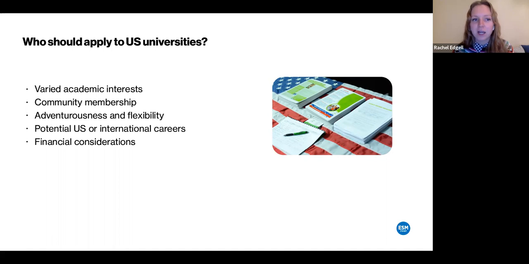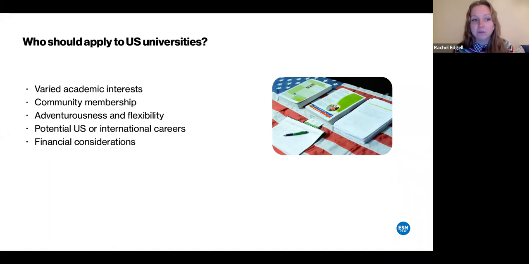And then finally, I won't go into a lot of detail on this because it is a very, very individualized consideration, but finances are a big thing to think about. I think before you make the application, because it would be a shame to go through the entire application process only to realize that a particular university is out of your comfort zone in terms of finances.